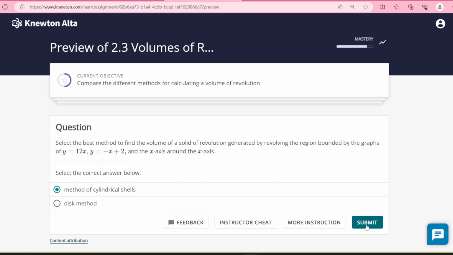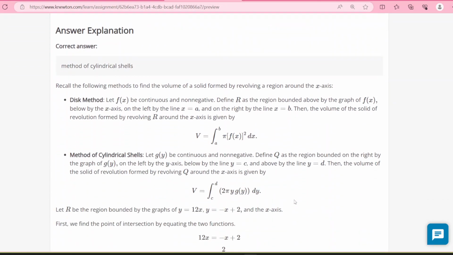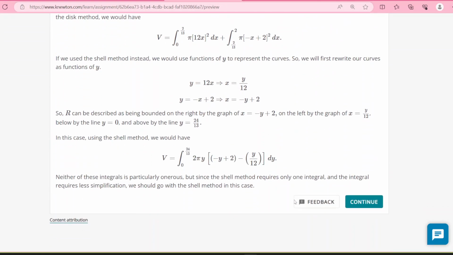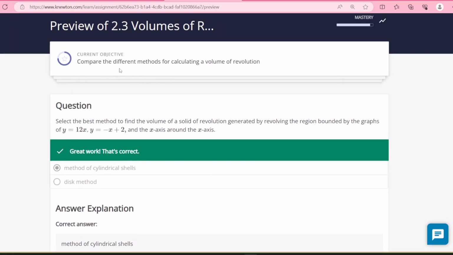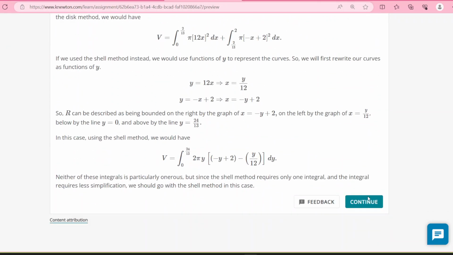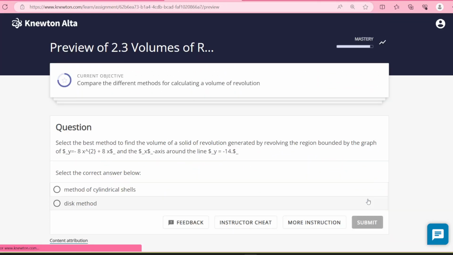So I'd say shells again. Right? And they run through pretty much the same explanation as from example number 1 in the video for that objective on comparing the different methods for calculating a volume of revolution, number 1. Right, and then this should be the final question here.